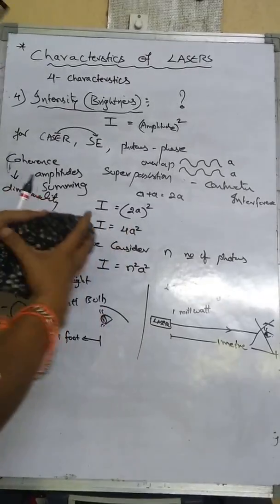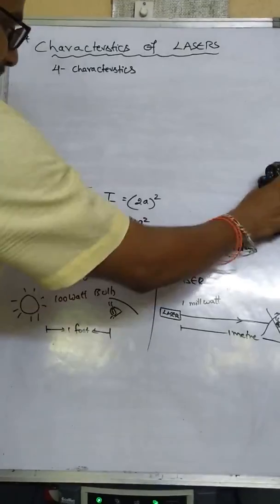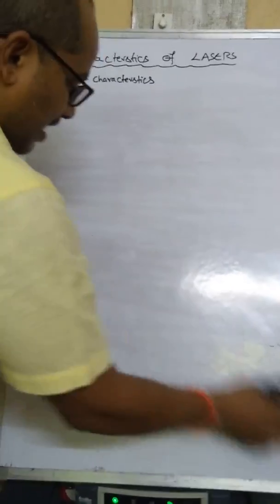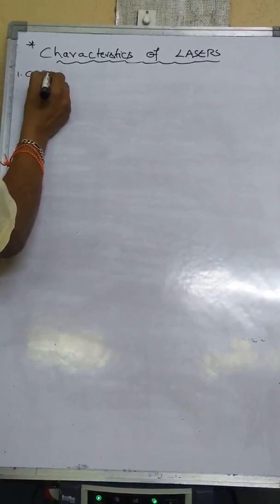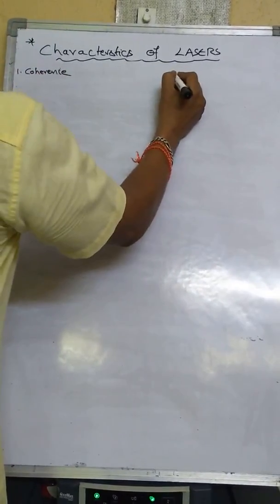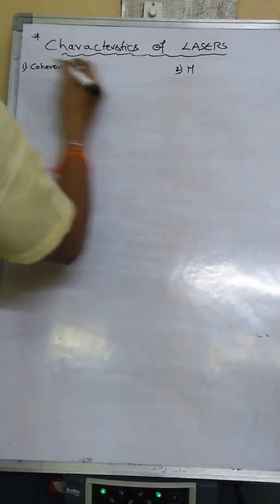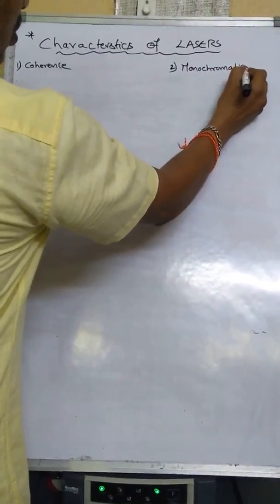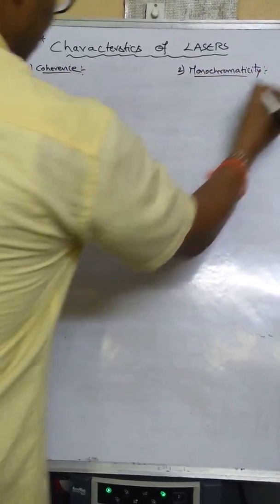Let me give a review of the 4 characteristics in detail, so that you can see the overall characteristics at a glance. The first characteristic is coherence. The second characteristic is monochromaticity.